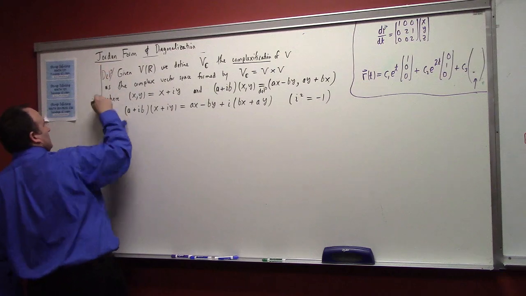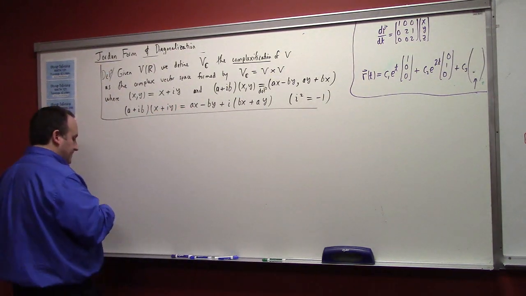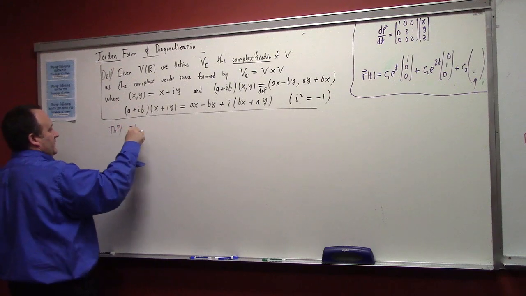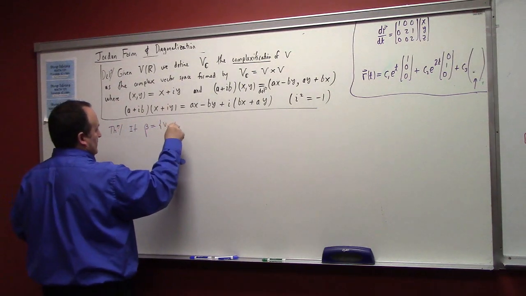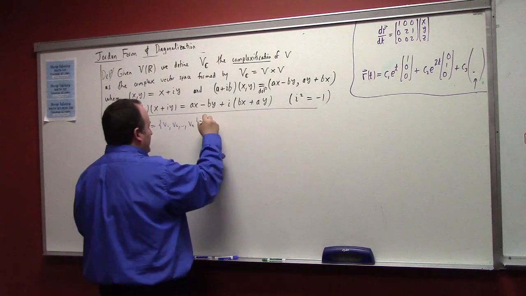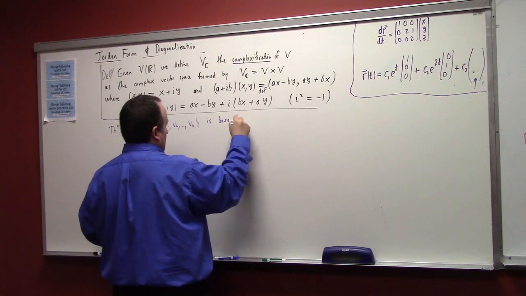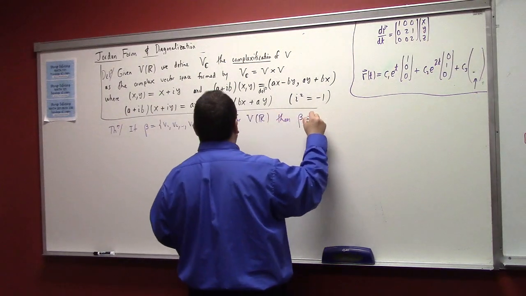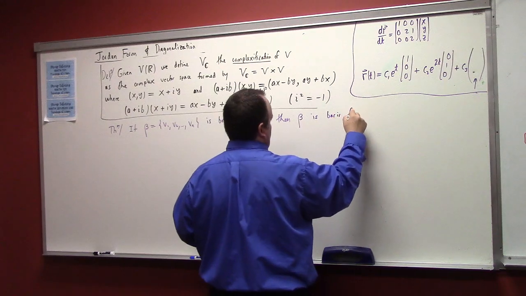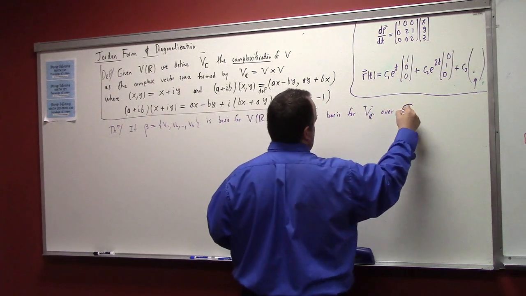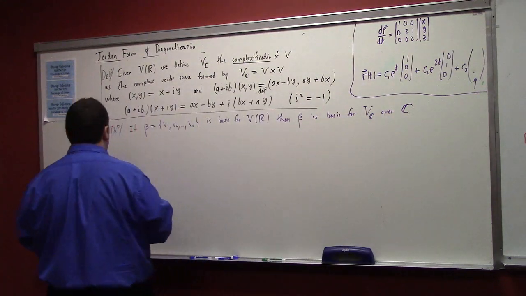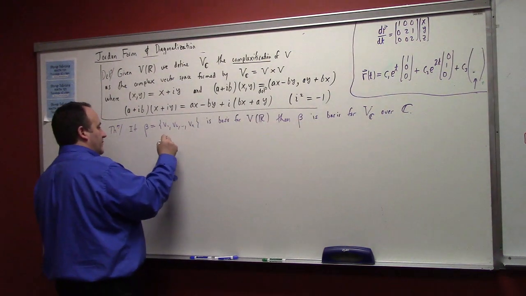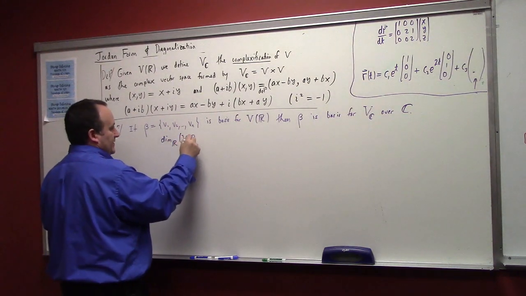Okay. And here's a low-lying theorem. If beta equal to v1, v2, ..., vn is a basis for V over R, then beta is a basis for V sub C over C. So what I'm saying is the real dimension of V over R is given to be n.